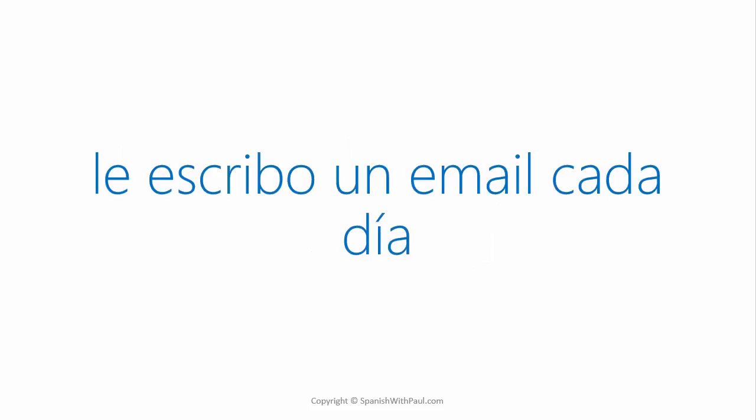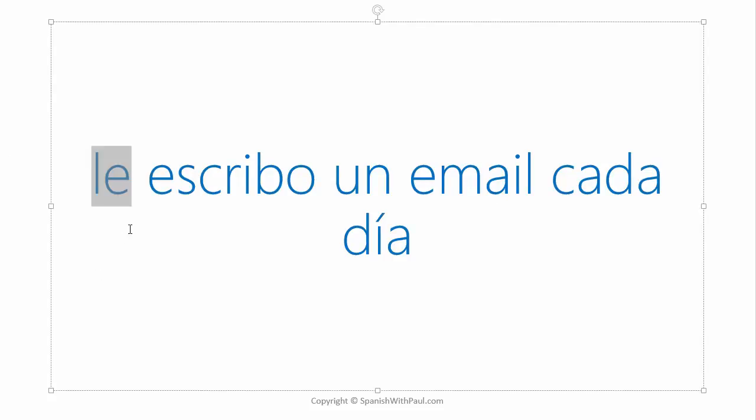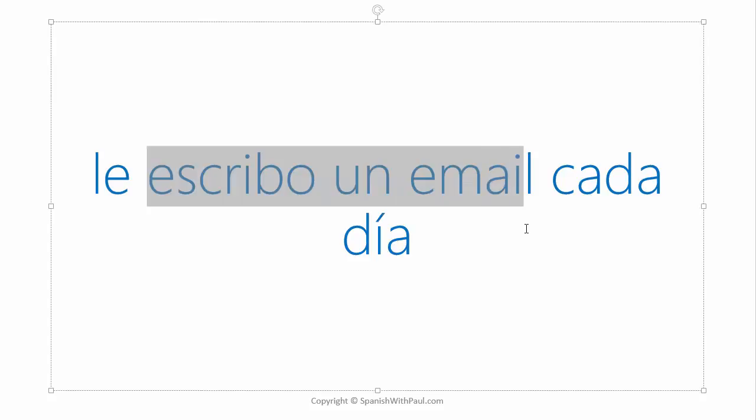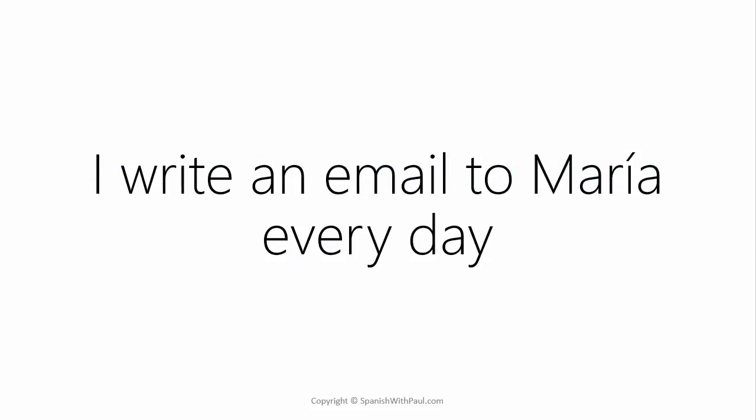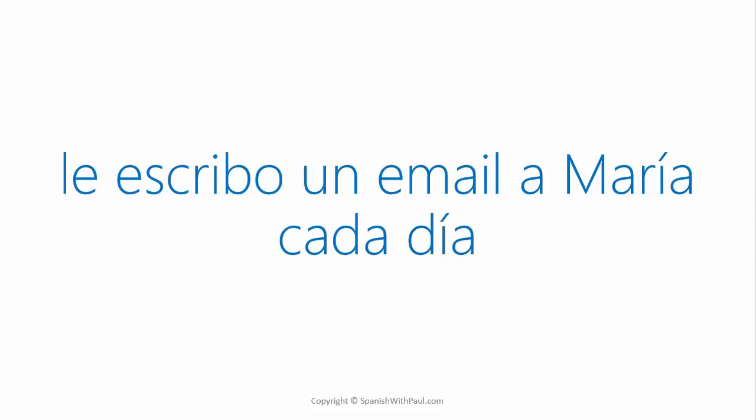Le escribo un email cada día. So, to her, I write an email every day. Now, how would you say I write an email to Maria every day? Le escribo un email a Maria cada día.